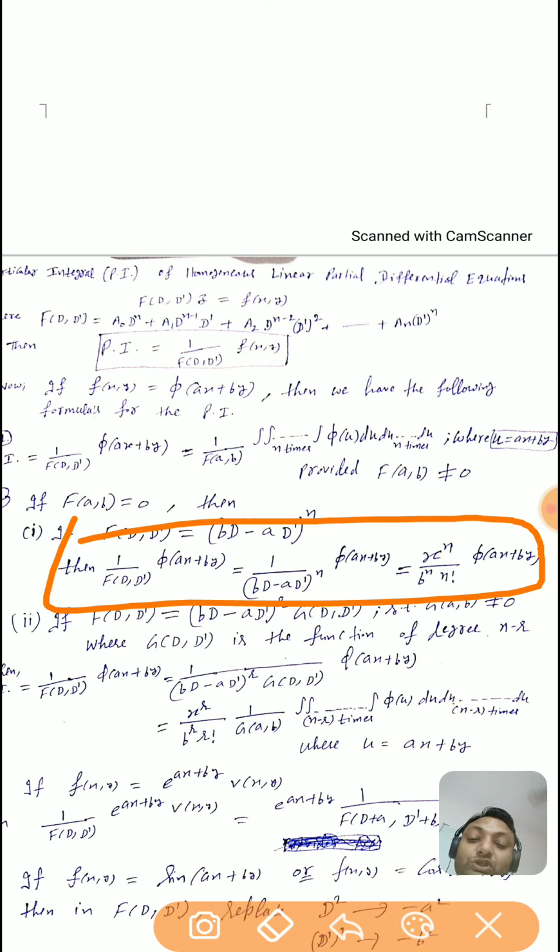So this will be the solution when f(D, D') is of the form (bD minus aD') power n and f(a, b) is equal to 0.